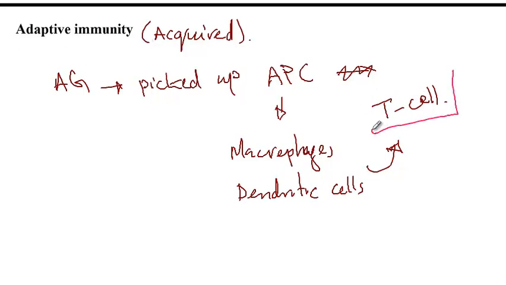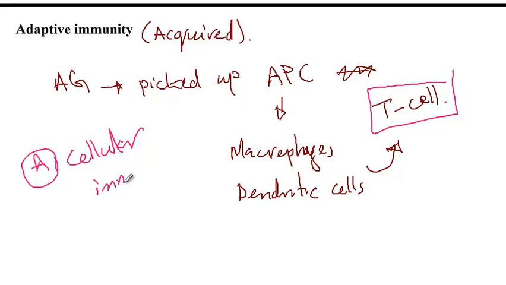After this point, once T cells are activated, they could mount two different forms of immunity. The first form is called cellular immunity, which is mediated by CD8 positive killer or cytotoxic T cells, that's the other name for them.